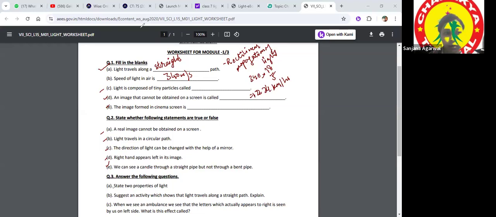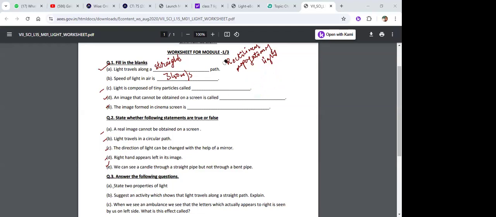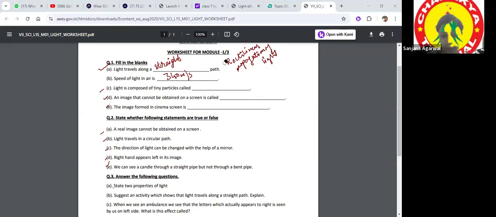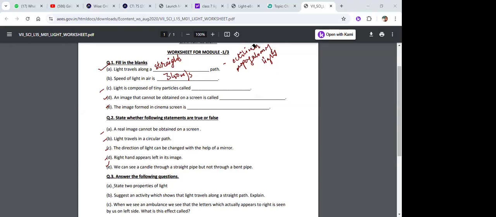I'm so sorry, let me correct it. But you people are correct. It is 3 into 10 to the power 8 meter per second. Yes, ma'am. Move to the next.